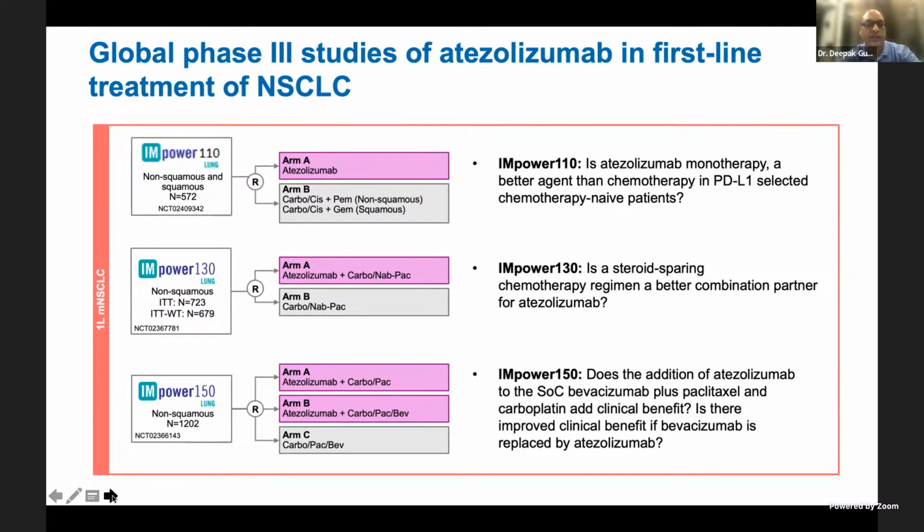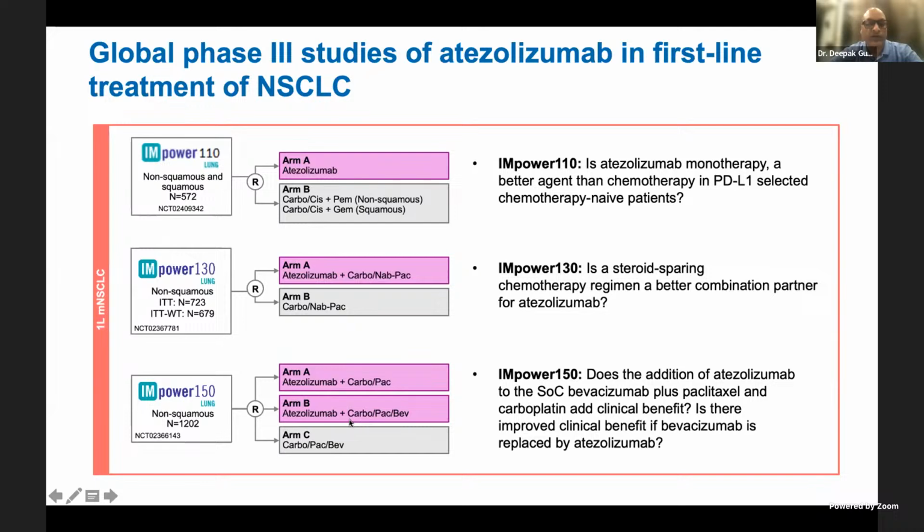Then IMpower 130 in non-squamous NSCLC patients, in which atezolizumab plus nab-paclitaxel and carboplatin was tested against the same chemotherapy without atezolizumab, to test whether this is a feasible, steroid-sparing, better combination partner with atezolizumab.